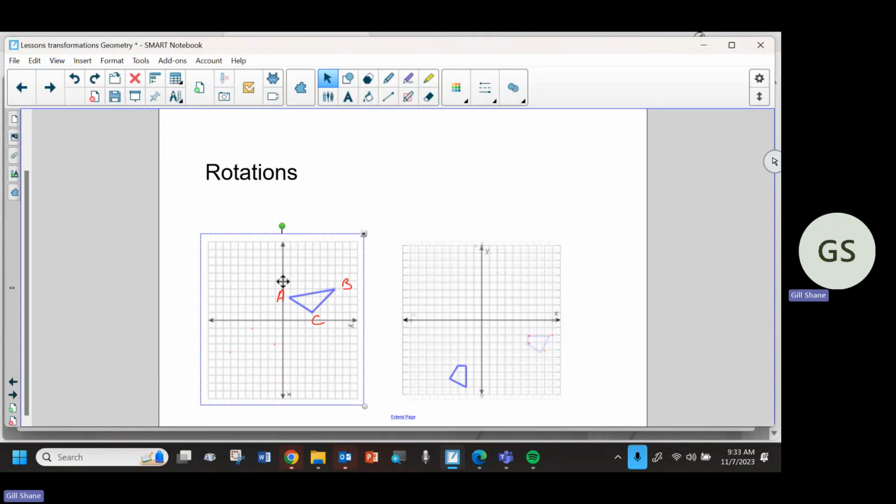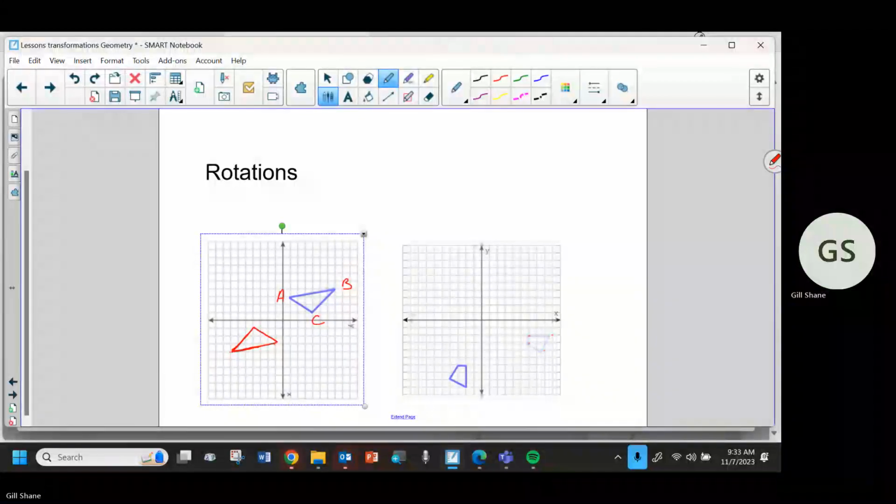So again, we have a shape here and a shape here, and they want to know what transformation would get me to map on top of that shape. So that would be C, B, A. They give us the two shapes. Again, think about a reflection first, and we'll say it's just one.